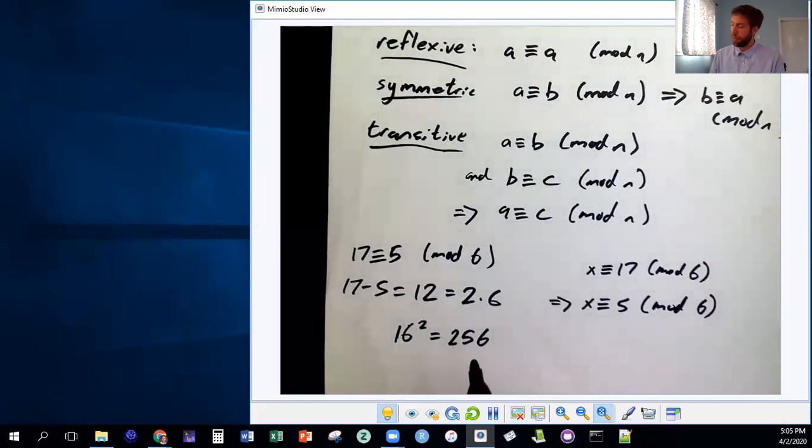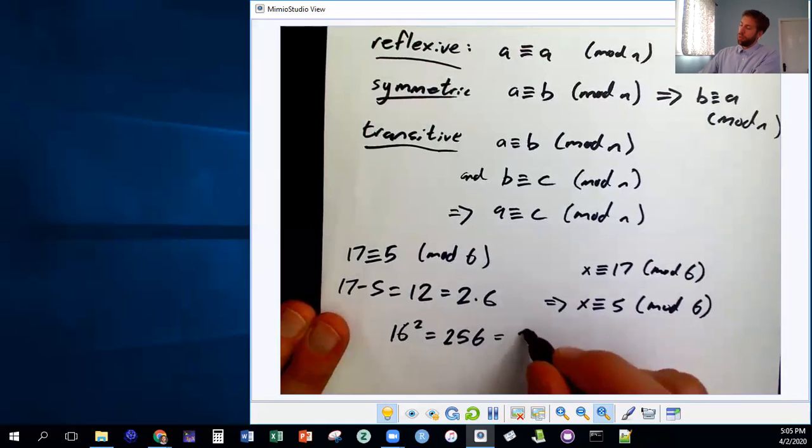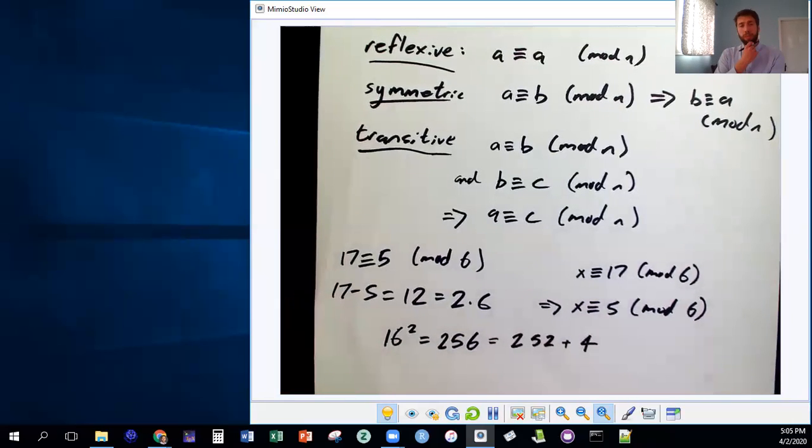So then this is equal to 252 plus 4. And 252 is a multiple of 6.